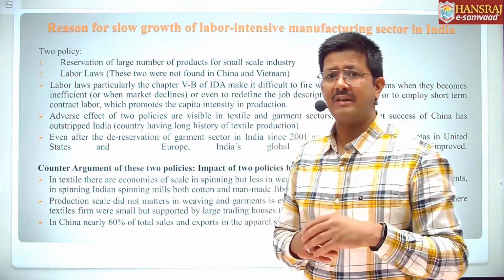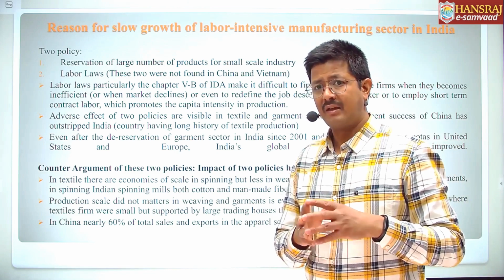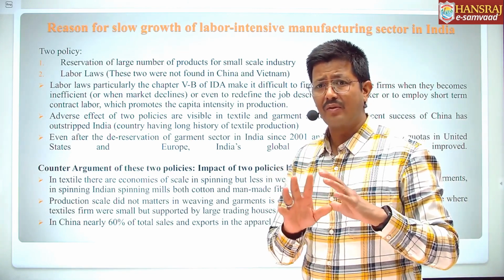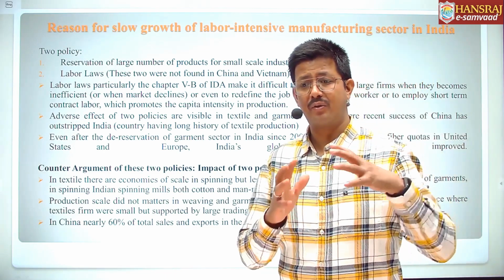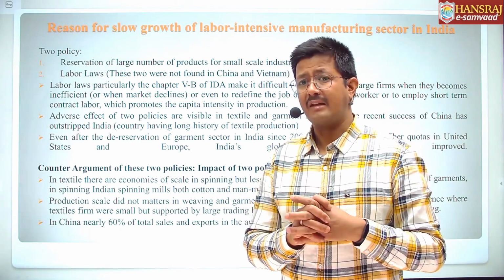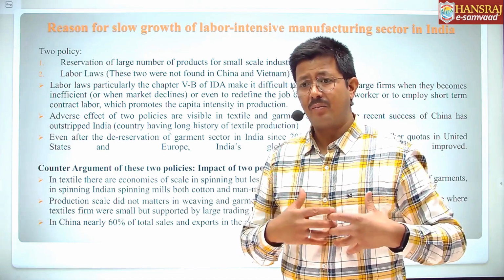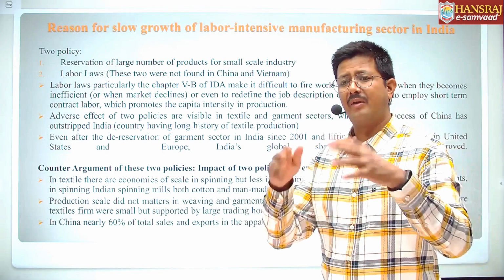The first is the reservation of a large number of products for small scale industries. And second, the labor laws. These two were not found in China and Vietnam. The people are arguing that most of the products are reserved for small scale industries, which have low productivity, resulting in low manufacturing sector growth.